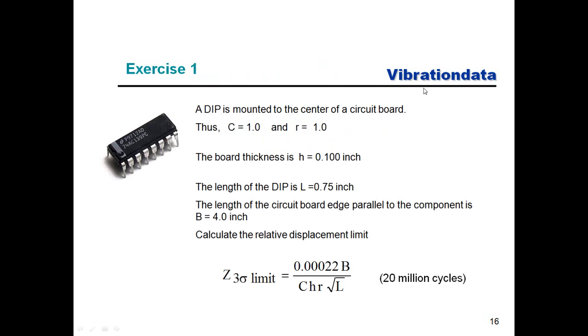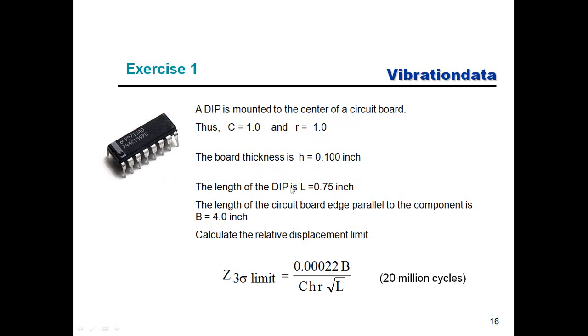Okay, so we're going to take an example. Here's this ridiculously obsolete dual inline package, and since it's a dual inline package, C is equal to 1. That's the piece part coefficient. It's mounted at the center of the board, so we'll say R is equal to 1.0. The circuit board thickness is 1/10 of an inch.